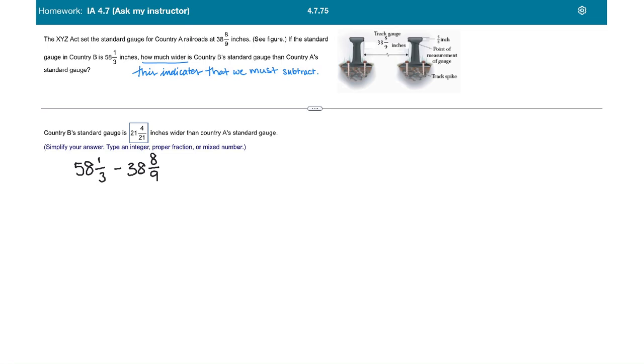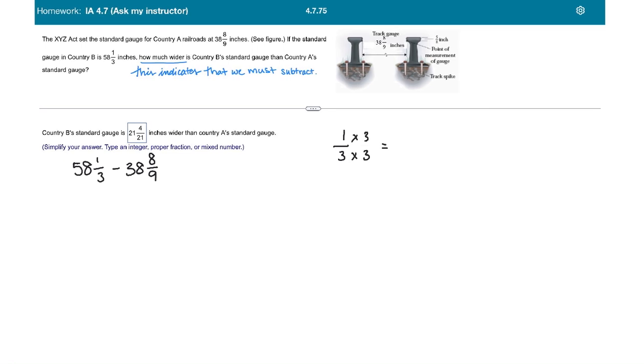Now, we're going to use this denominator of 9 because 9 is a multiple of 3. So 3 times 3 would be equal to 9. So I can do that fairly easily. So 1/3, off to this side, I'm going to rewrite it with a denominator of 9, which means I need to multiply numerator and denominator by 3.